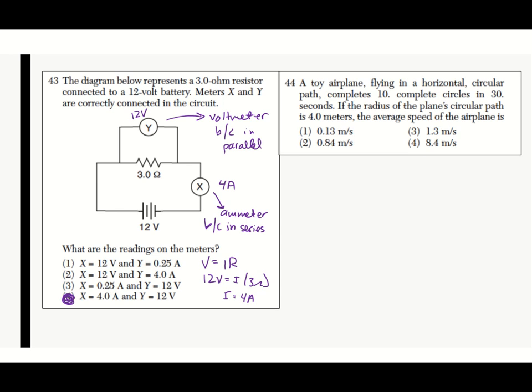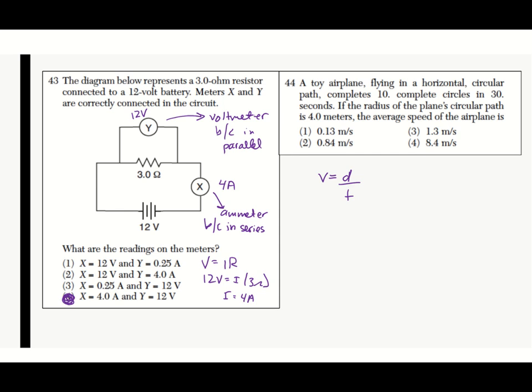Number 44, a toy airplane flying in a horizontal circular path completes 10 complete circles in 30 seconds. If the radius of the plane's circular path is 4 meters, the average speed of the airplane is blank. So speed typically is distance over time, since it's going at a constant speed in a circle typically.